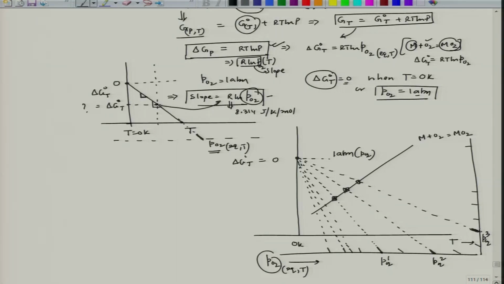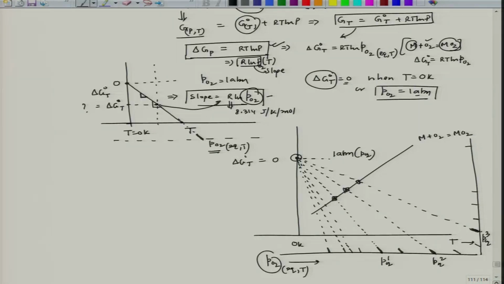So, that way, without doing any calculation, I just look at the Ellingham diagram and see those points on the PO2 scale. This is a PO2 scale, and these slanted lines are meeting at the 0 point on the delta G axis.